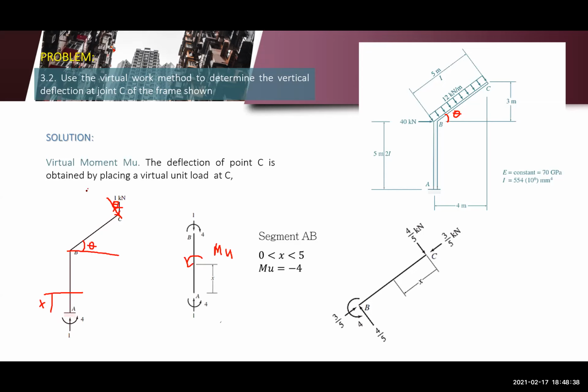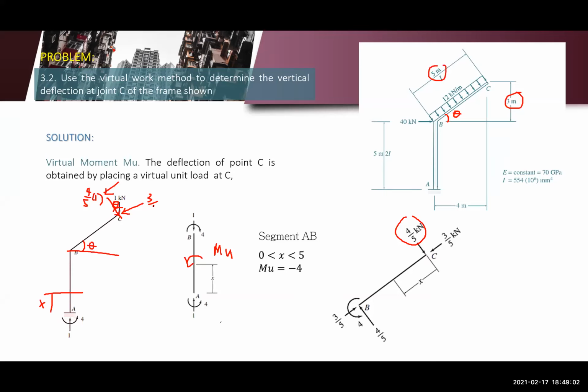So, to get your adjacent, we have 4/5 times 1, which is 4/5. Yung opposite naman, opposite ng theta, is 3 over the hypotenuse 5.